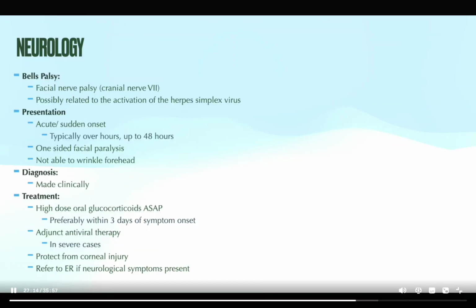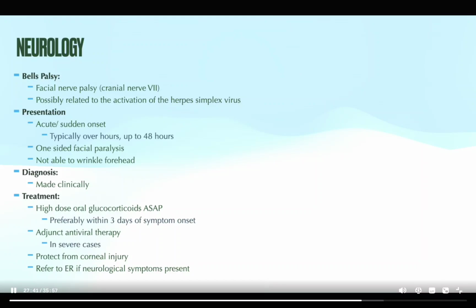All right, next up, let's talk about Bell's palsy. So Bell's palsy is a facial nerve palsy of the 7th cranial nerve, and it's possibly related to the activation of the herpes simplex virus. Diagnosis is made on clinical exam. The patient typically presents with acute onset of one-sided facial paralysis that does involve the forehead.